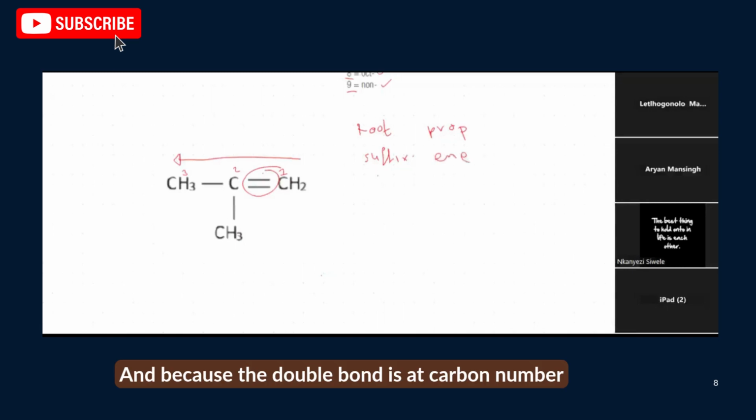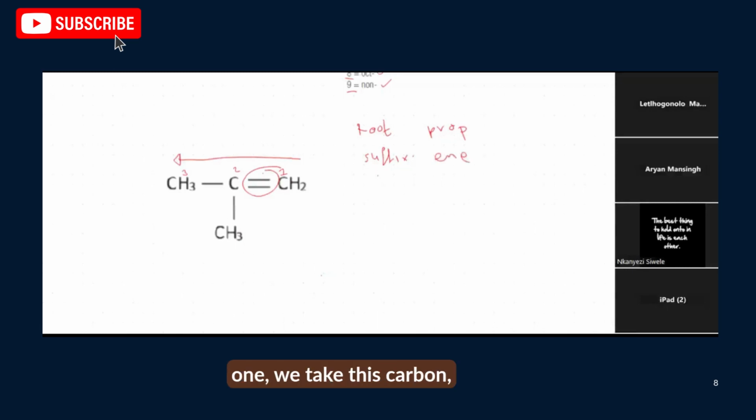And because the double bond is at carbon number 1, it should be a 1-ene. Normally with enes, when it is at 1, we don't show the number, but just to get us on the right track in terms of naming, let's go ahead and name that as 1-ene.